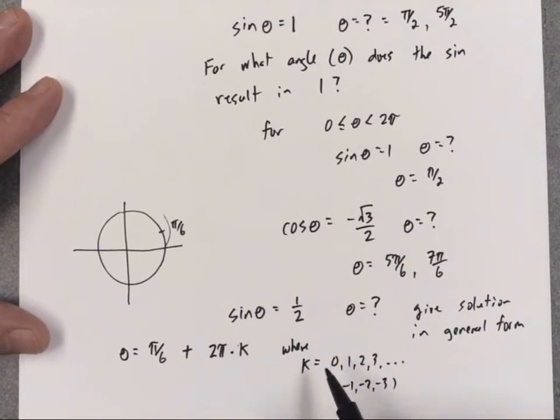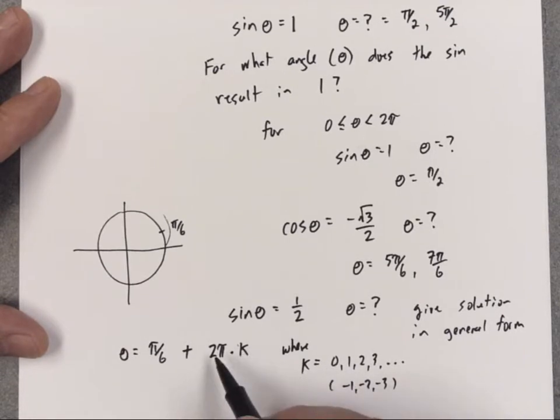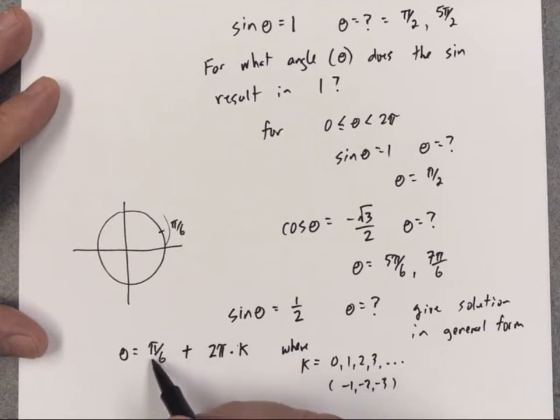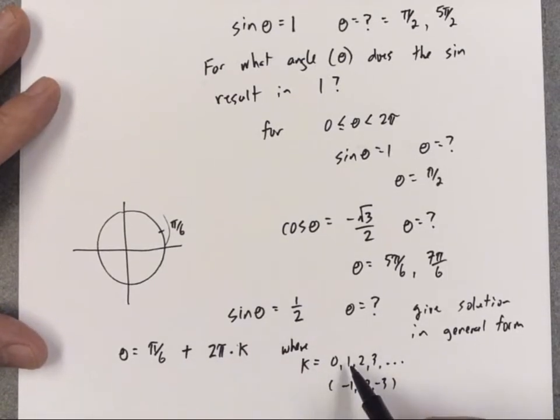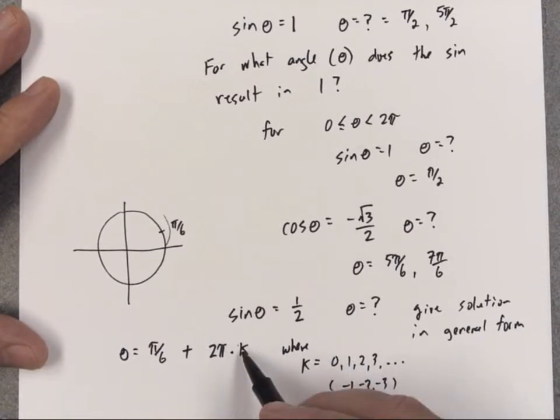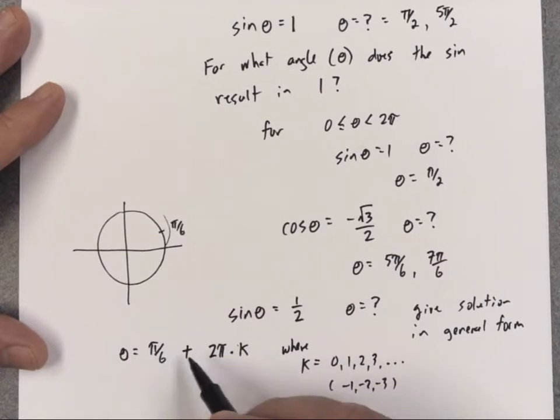What does that mean? This equation means you plug in 0 for k, 2 pi times 0 is 0. My first solution is pi over 6. If I want to get the next solution, I now plug in k equals 1. 2 pi times 1 is 2 pi. Pi over 6 plus 2 pi would be 13 pi over 6, and that is my second solution.